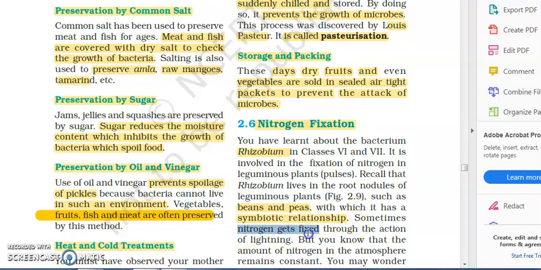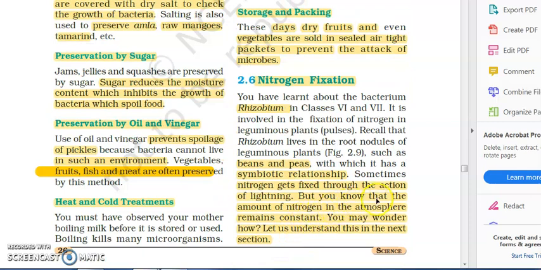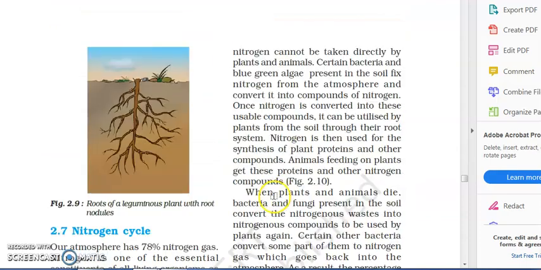Sometimes nitrogen gets fixed through the action of lightning. But you know that the amount of nitrogen in the atmosphere remains constant. Then how does the nitrogen remain fixed in the atmosphere? Using these bacteria, we can discuss it in the nitrogen cycle.